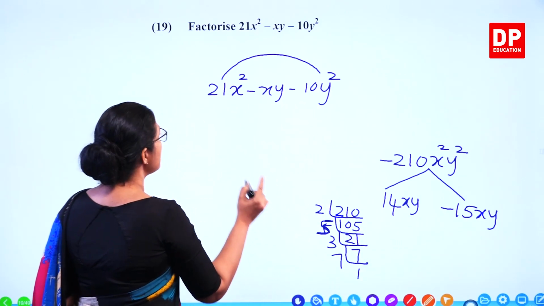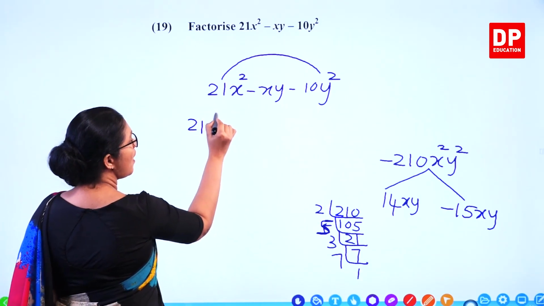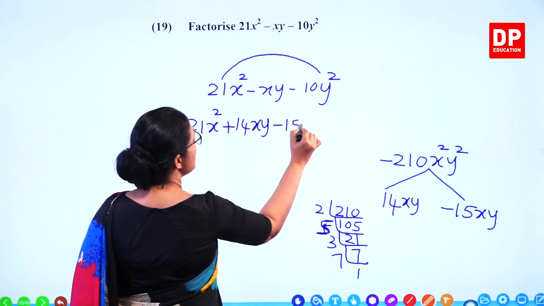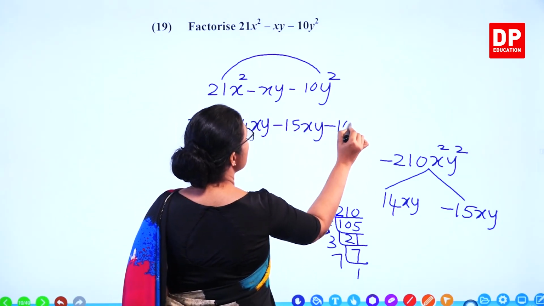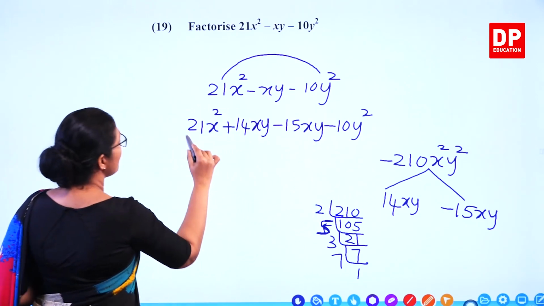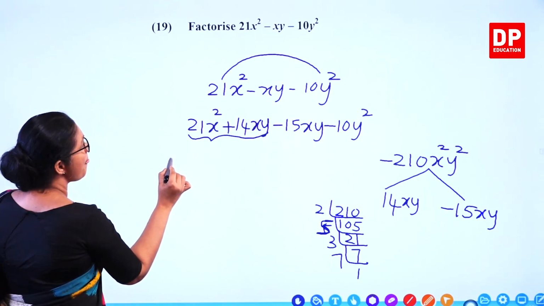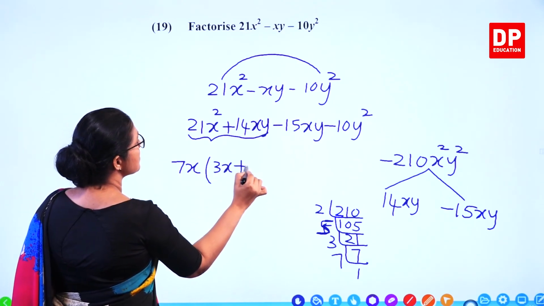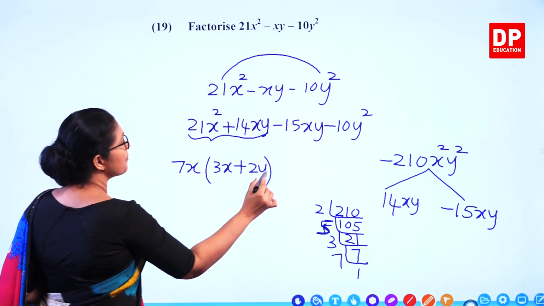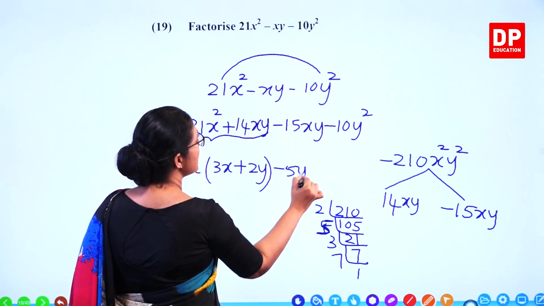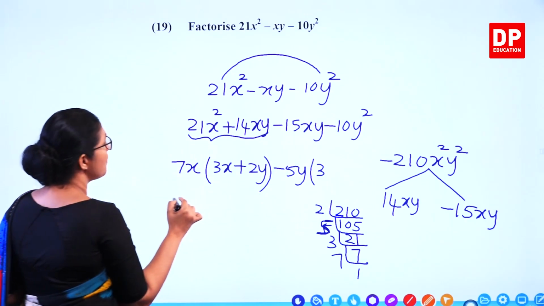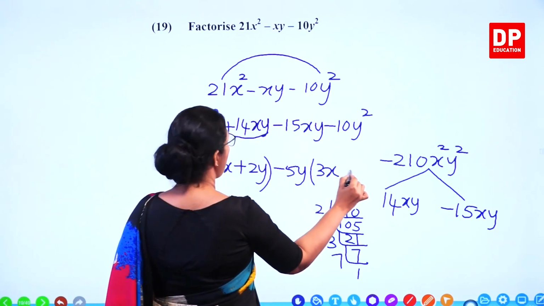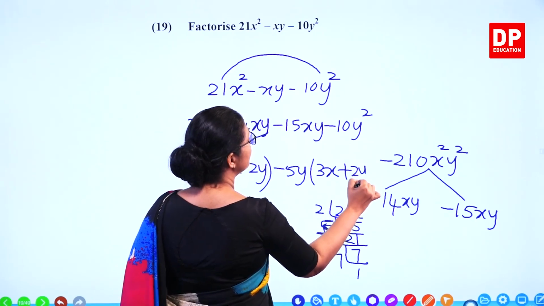So split the middle term. 21x squared plus 14xy minus 15xy minus 10y squared. Take 2 at a time. 7x, take it out. 3x plus 2y minus 5y, take it out. 3x plus 2y.